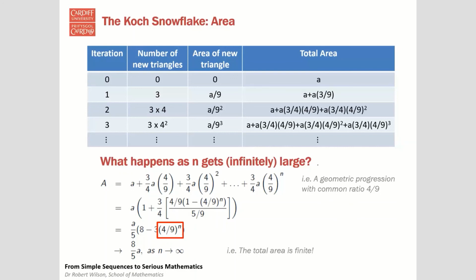So the distance all the way around our shape, as we did infinitely many iterations, was infinite. However, repeating the same process leads to a shape with a finite area. So a shape with a finite area has an infinite perimeter.